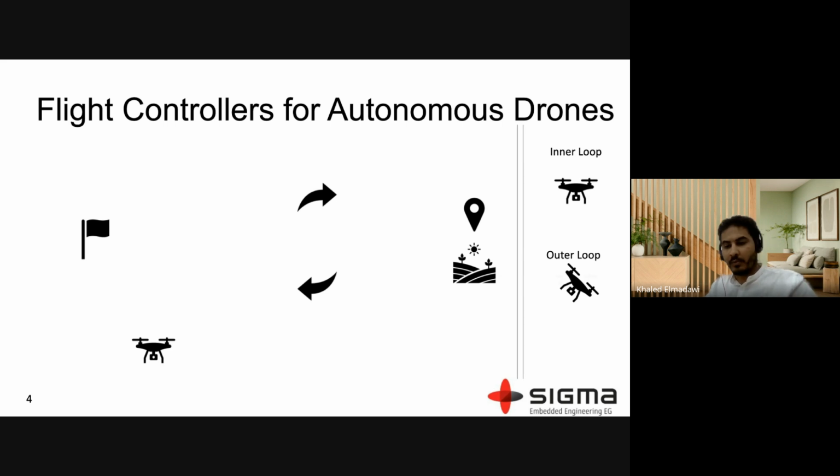For example, if you want to move forward with a certain velocity, or accelerate forward or backward, then you need to generate the set of angles that will help you move from point A to point B, accelerate, and then when you get close to point B, you decelerate, and then you hover again. This is a short brief about the minimal two levels of control loop that are required for the drone to do an autonomous task without crashing.